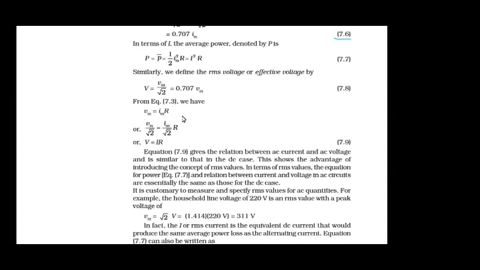Vm by root 2 is equal to Im by root 2 times R, and instead of Vm by root 2 we can write V, the effective voltage, and instead of Im by root 2 we can write I, so V is equal to IR. Again it is proved by Ohm's law. Ohm's law is again proved.